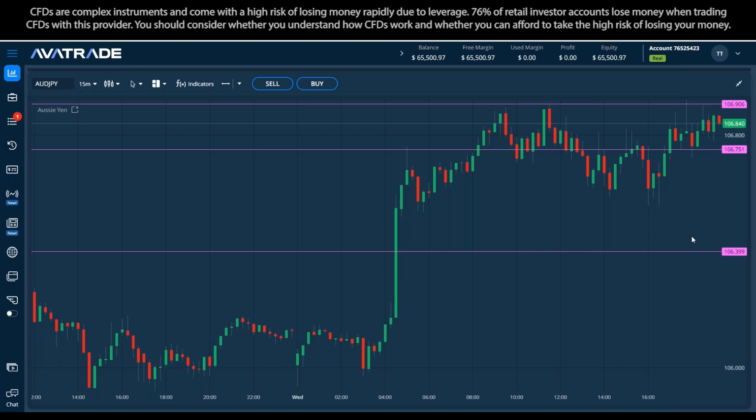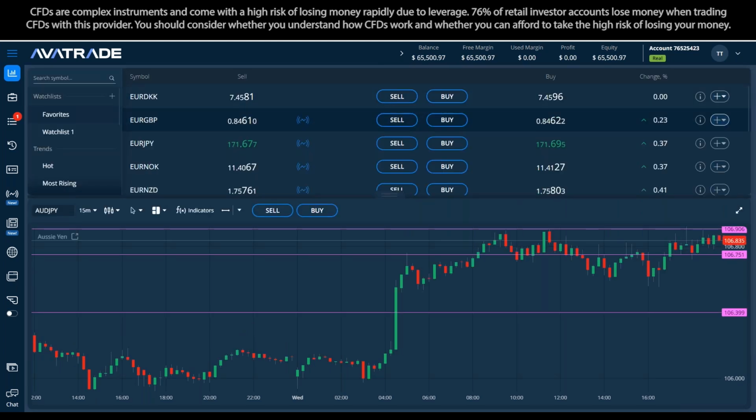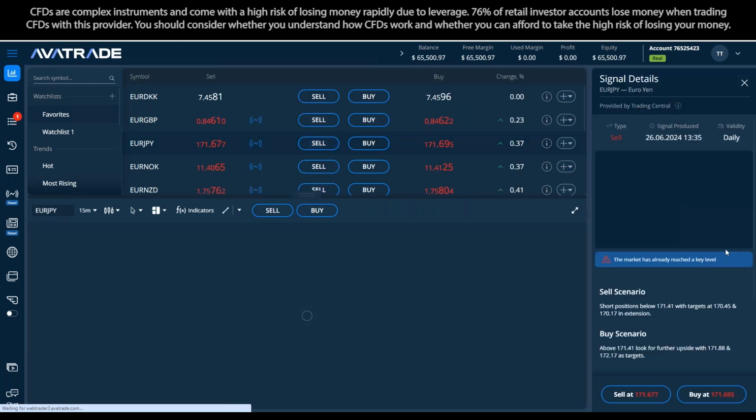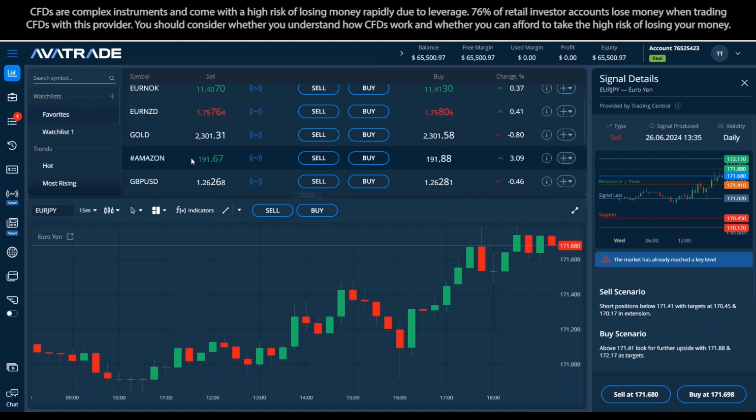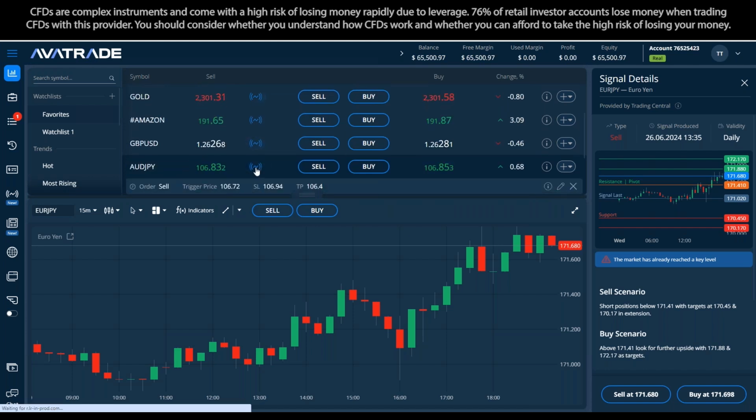Okay, so this is kind of trying to take advantage of the benefit of the technical analysis that the signals give you, which we saw here. Okay, and it looks like this is now saying it already reached a key level. Oh, this is the AUDJPY, sorry. Also, the euro climbed against the yen.